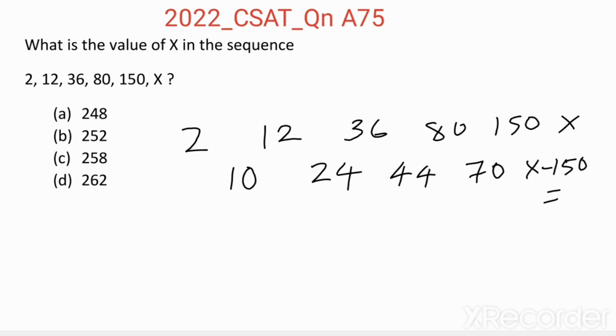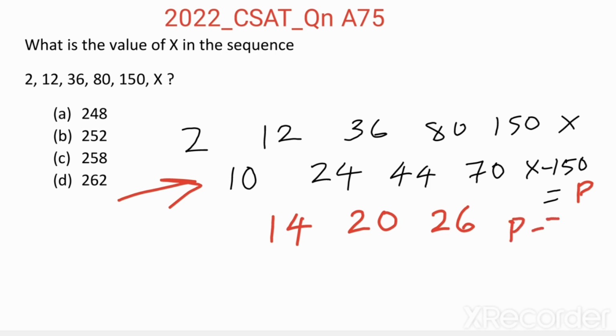We don't know, we have to find the value of x. So let us take this as p. Now we didn't get any clue from here. Again find the difference between adjacent terms. 24 minus 10, which is equal to 14. 44 minus 24, 20. 70 minus 44, 26. Then p minus 70.